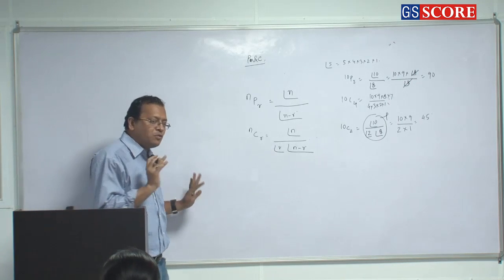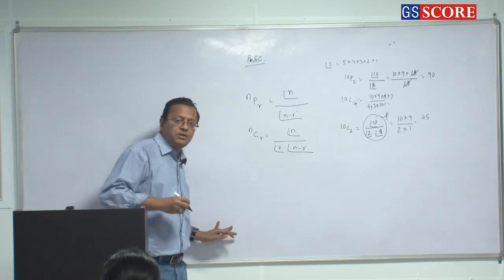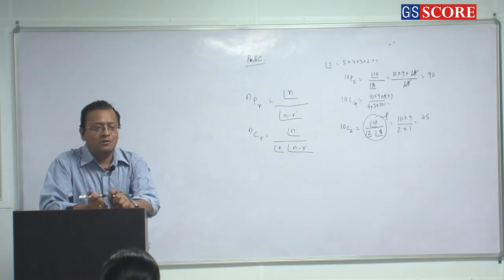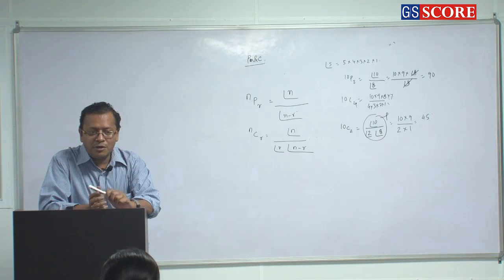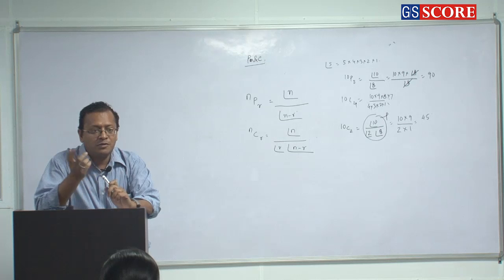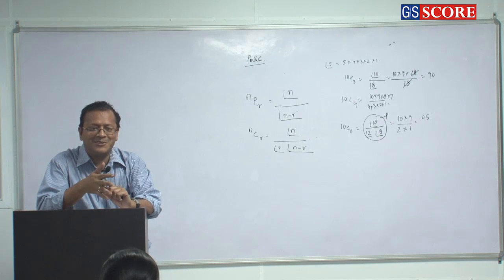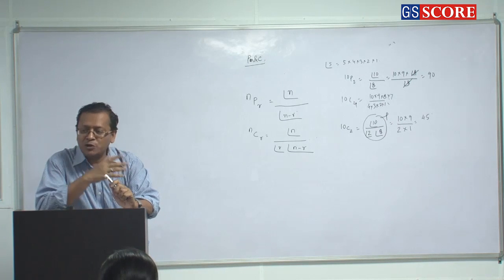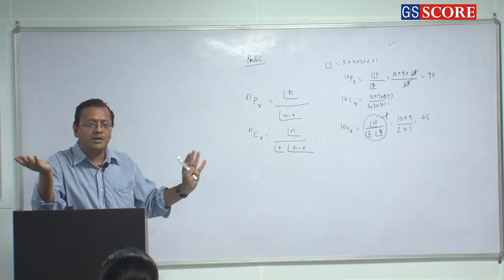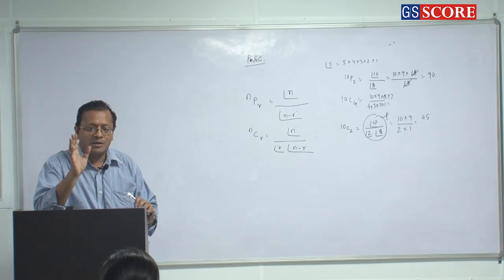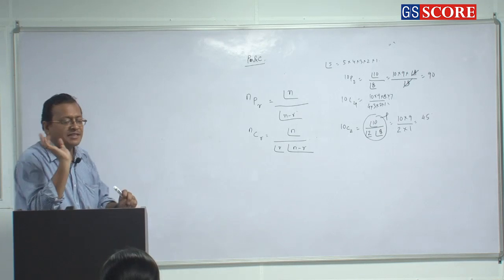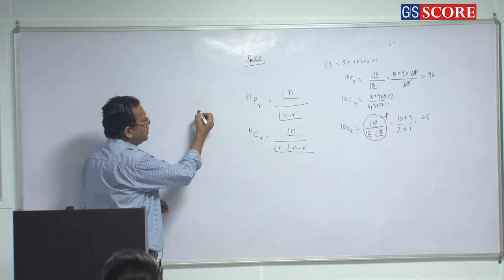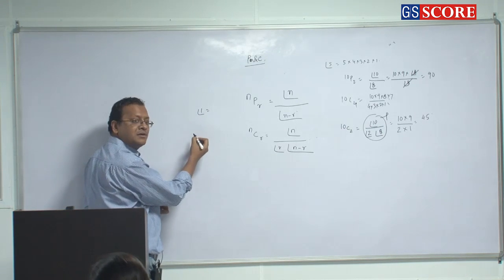Now also follow one thing here. What is the value of factorial 0? 1. It's not necessary, but can you prove that factorial 0 is 1? Books give long proofs, but it is a very simple proof, very simple mathematics. What is factorial 1? 1.